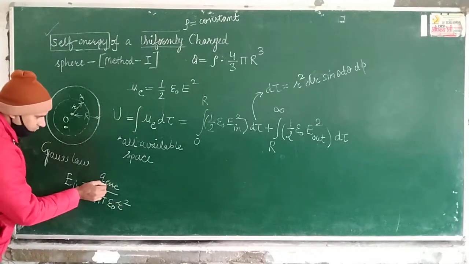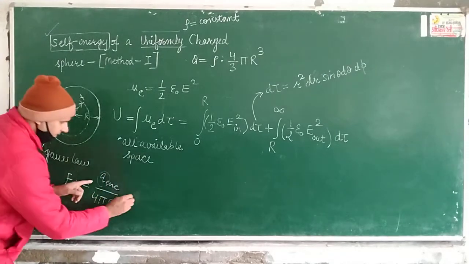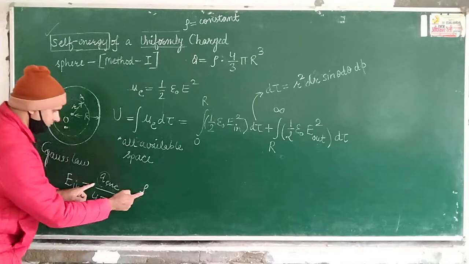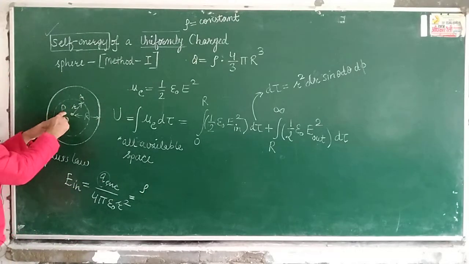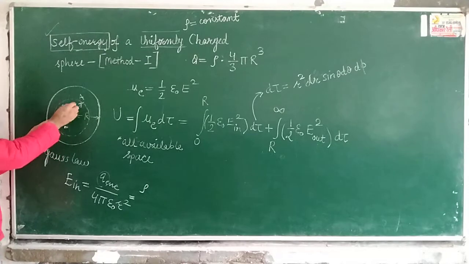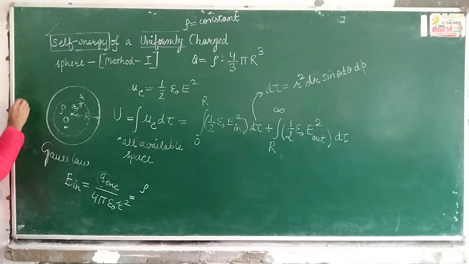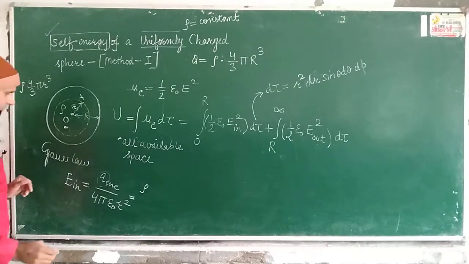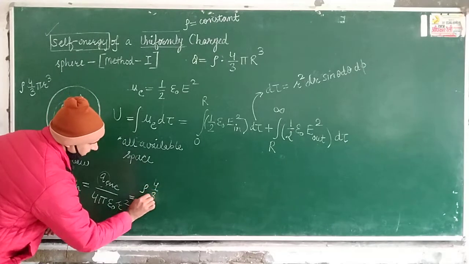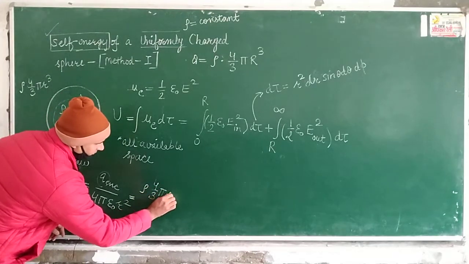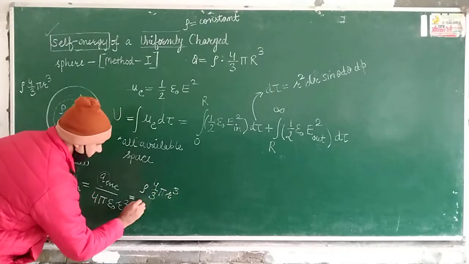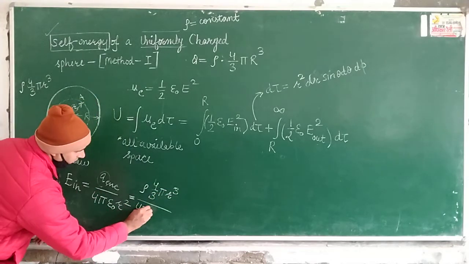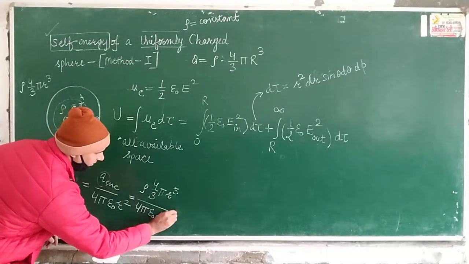The charge enclosed here will be equal to the uniform charge density rho times the volume of the sphere of radius r, that is 4 by 3 pi r cube. So substituting this value, you will get rho into 4 by 3 pi r cube, the charge enclosed, divided by 4 pi epsilon naught into r square.